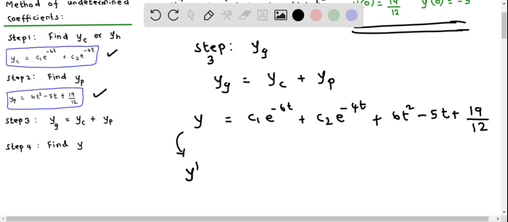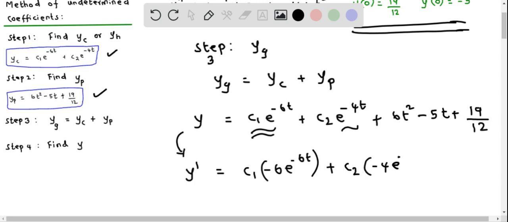So this is y prime, and this equals, if we find the derivative of c1 e raised to the power of negative 6t, using the chain rule, we get c1 times negative 6 e raised to the power of negative 6t. Similarly, the derivative of e raised to the power of negative 4t gives c2 times negative 4e raised to the power of negative 4t.